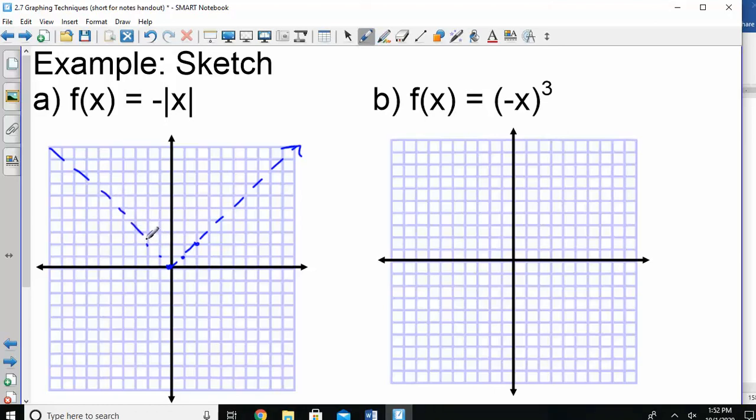Value is your v. Negative on the outside makes y negative, so you flip over the x-axis. So that's just going to flip your graph upside down. X cubed is the chair.